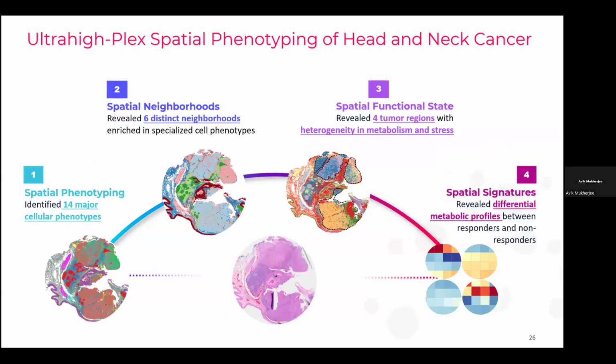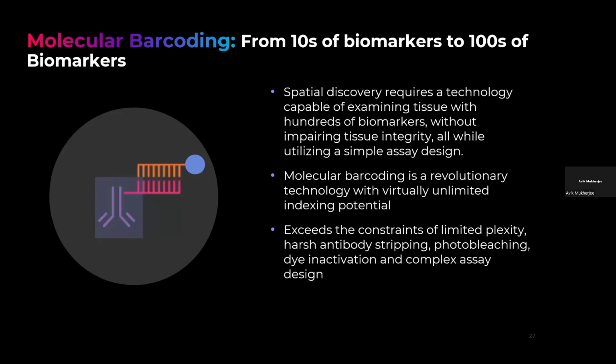And all this is possible because of molecular barcoding, where we use chemistry, which I'll talk about in more detail a little bit later, using barcodes, not primary and secondary antibodies. That helps you scale up from tens of antibodies to hundreds of antibodies and look into the complexity, because our system doesn't use any harsh method that can damage your tissue.